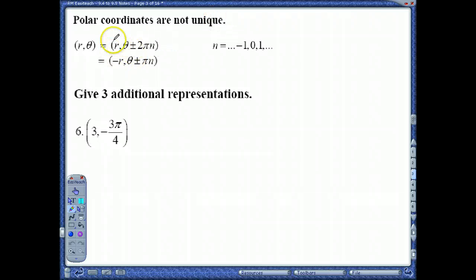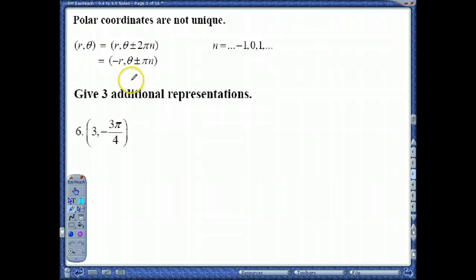So you don't have to change the r, but you have to add or subtract 2 pi, 4 pi, 6 pi, 8 pi, etc. If you don't want to add or subtract 2 pi's, you can change r to the opposite and only add or subtract an odd number of pi's. So 1 pi, 3 pi, 5 pi. It's kind of like a shortcut by doing the opposite of r. That way you only have to add or subtract 1 pi.